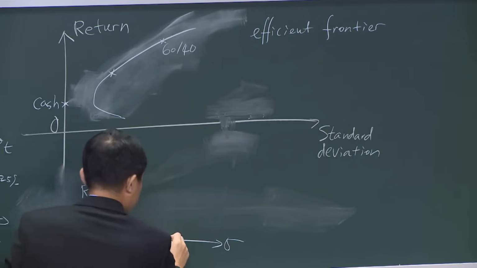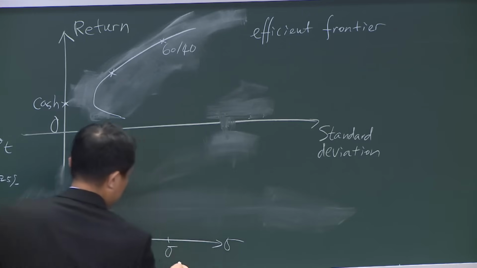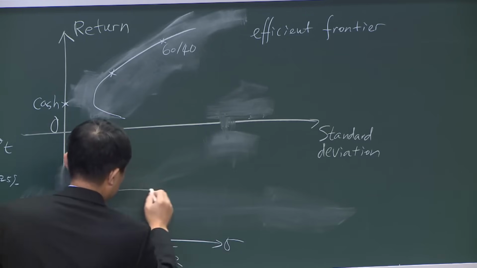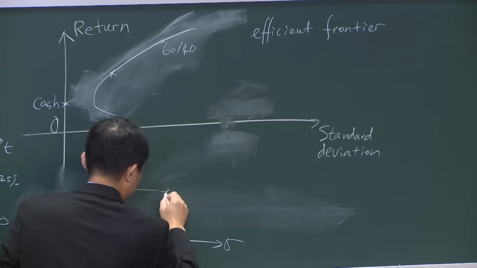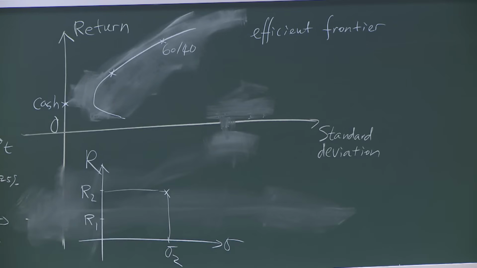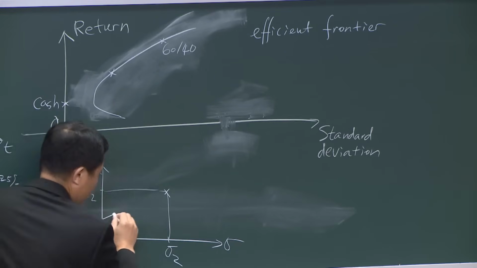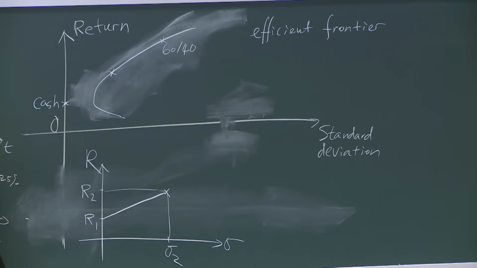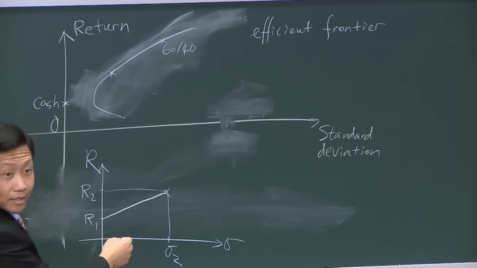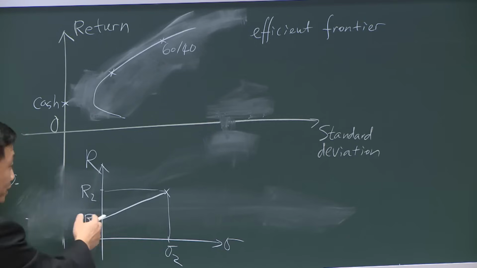The other is not. The other has a volatility, sigma 2. You have this point, right? And I said, what's in between is a straight line. That's your asset allocation, different combinations.